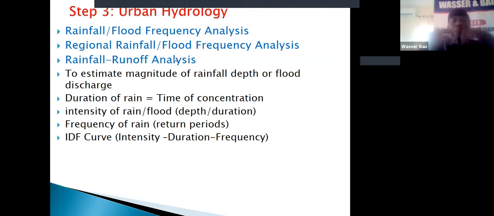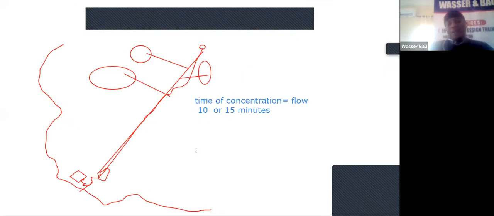Then it is the reverse of return period. So in mathematical terms, we usually say that frequency of a rain is the inverse of the return period, which is written as T.